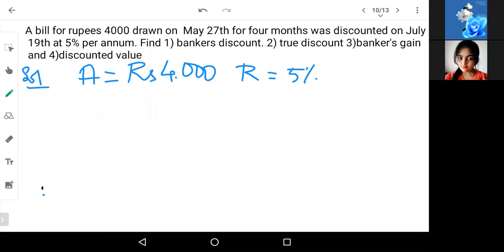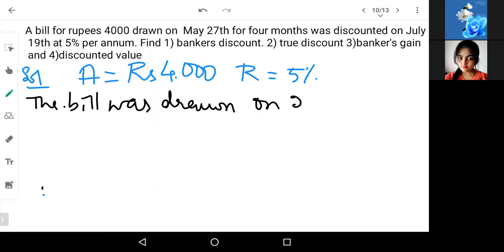So first, the bill was drawn on 27th May. That is what is given to us, right? And what is the time period?